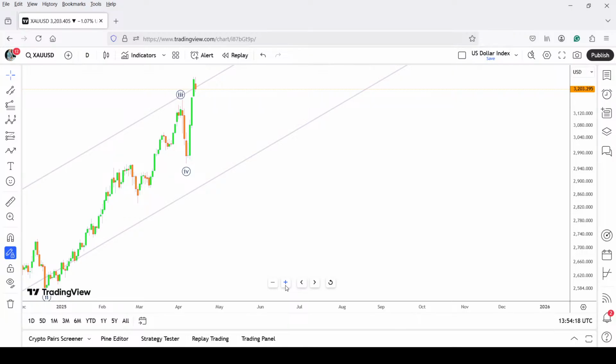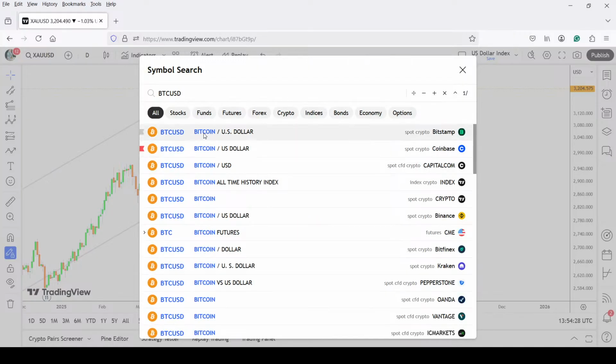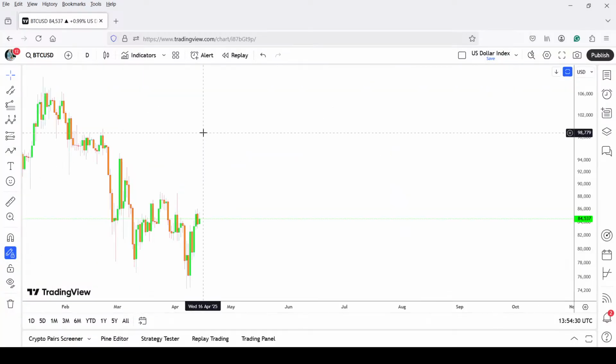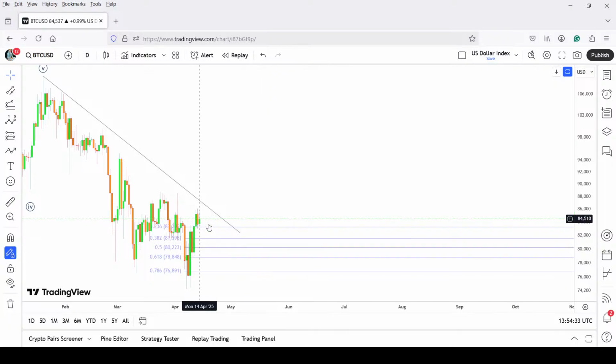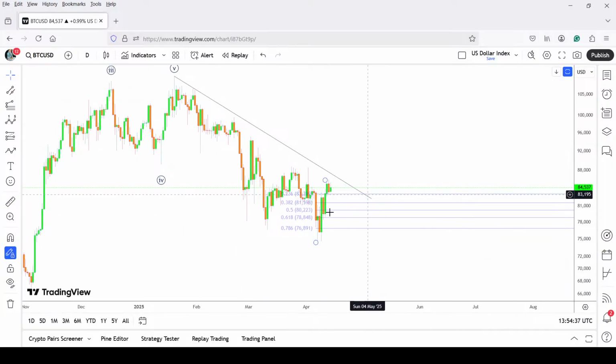All right, and finally, the Bitcoin, we still have waiting periods in Bitcoin towards the 87 and 92 range. But again, last time in the London session, we were discussing a potential long trade as well in Bitcoin.